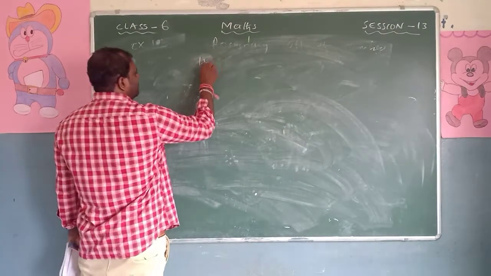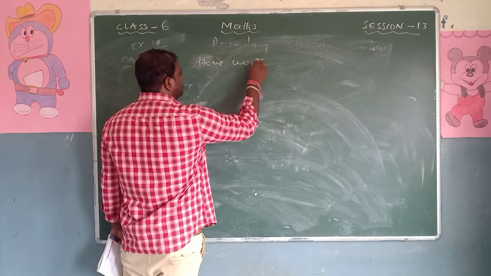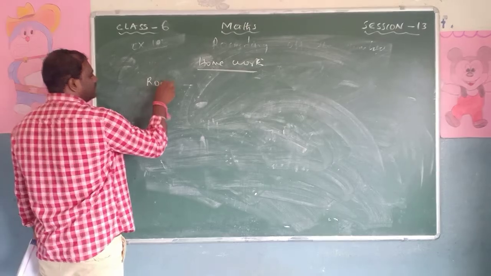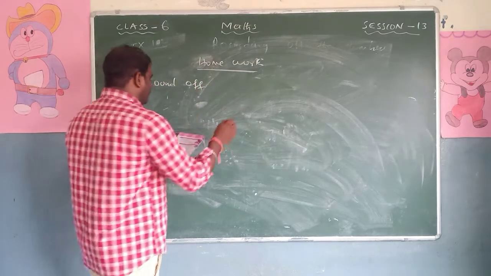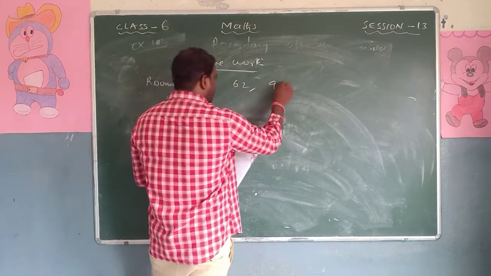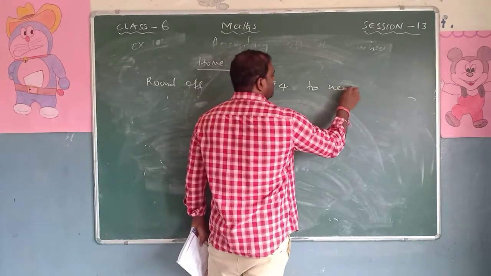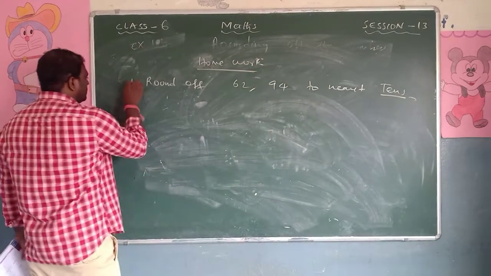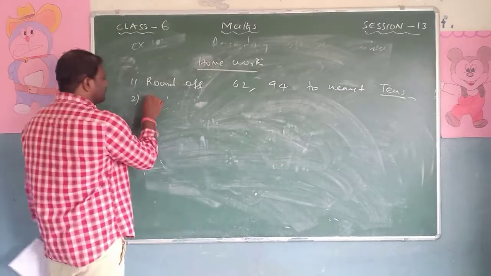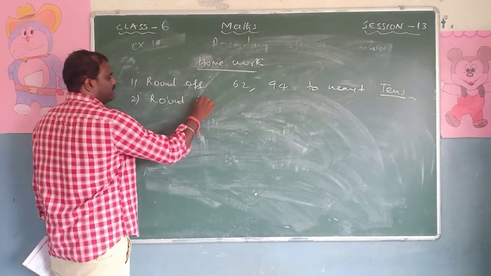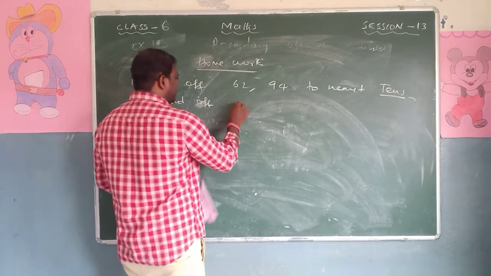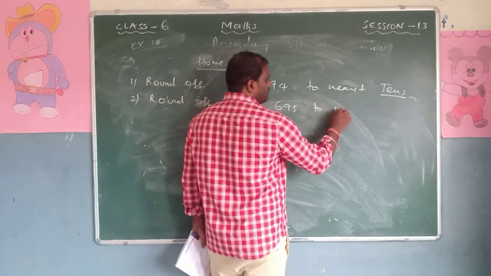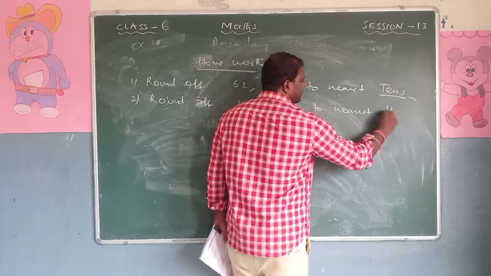So today's homework is to round off. Round off 62,94 to nearest tens. This is the first question. Total 6 questions I will give. Next, same. Round off 128,695 to nearest hundreds.